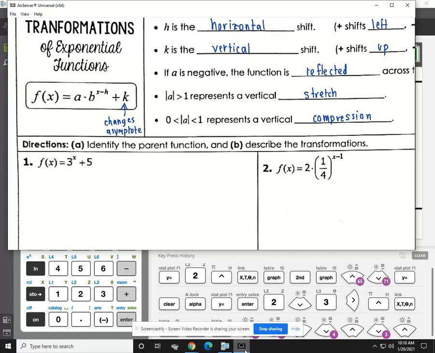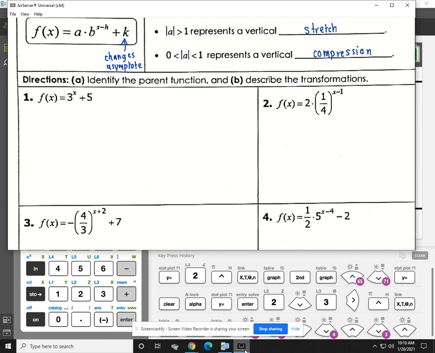I'll find my points using my calculator, but I'll know I can't go past that k value. That's my asymptote. If I have no k value, my asymptote is y equals what? 0. Okay? So let's talk about these real quick, and then we'll call it a day.